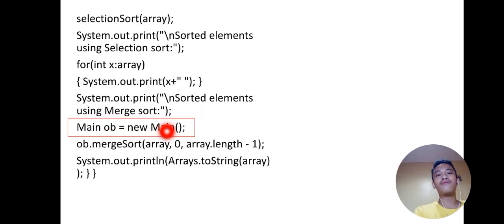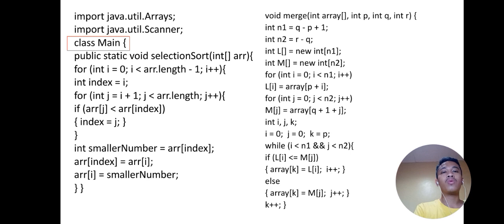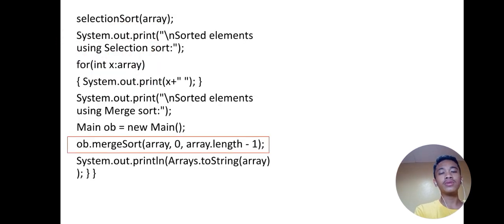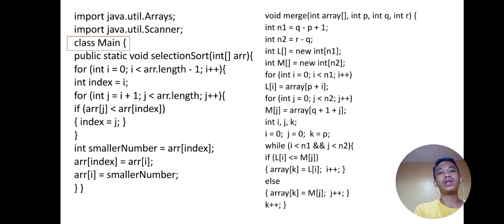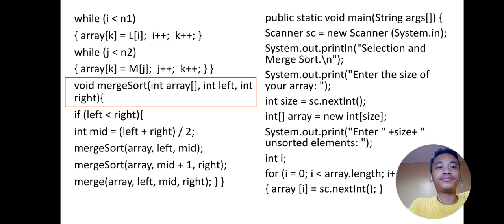And next we have object creation of main named ob equals new main. This will trigger our class main once this object creation is called. So our main is called, so ob dot merge sort. This will trigger our class main and will access the merge sort method.